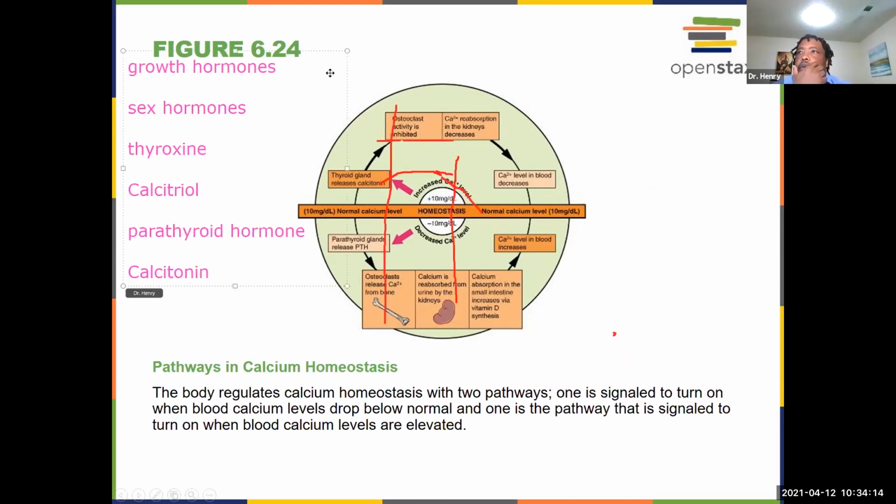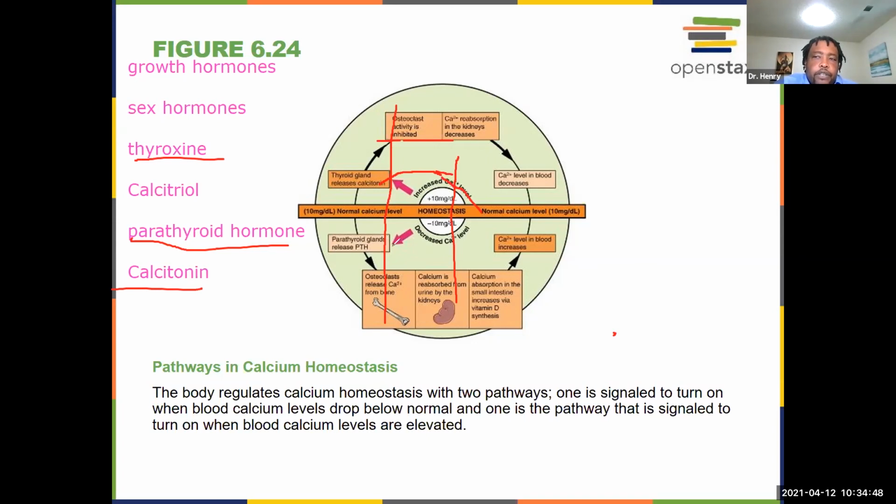Okay, so our thyroid glands are responsible for producing these hormones, right? The thyroid gland itself is responsible for releasing the calcitonin. The parathyroid glands are responsible for releasing the parathyroid hormone.